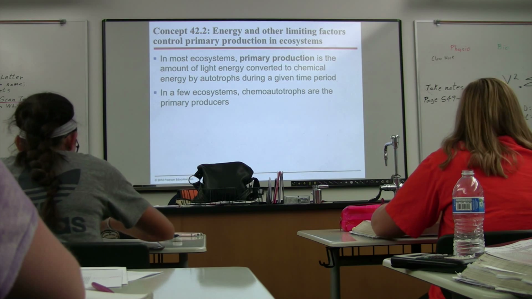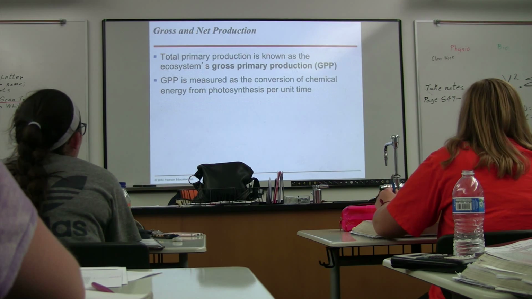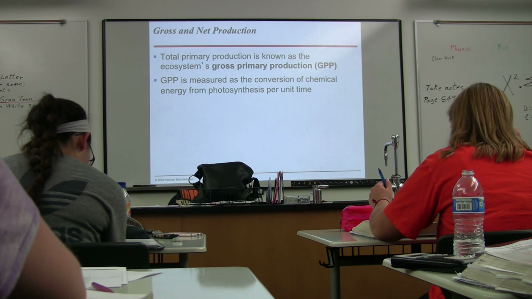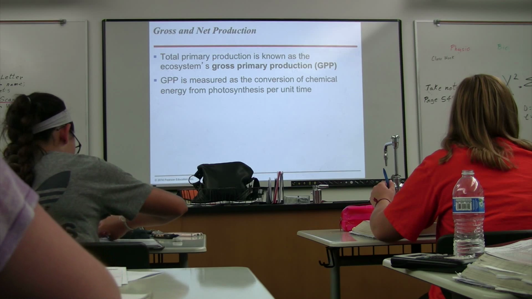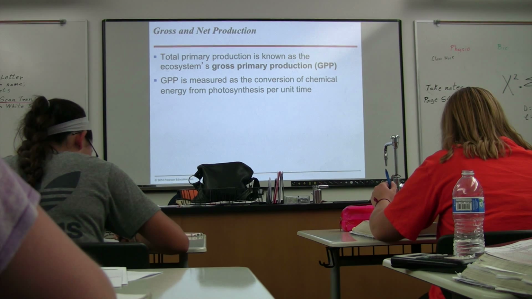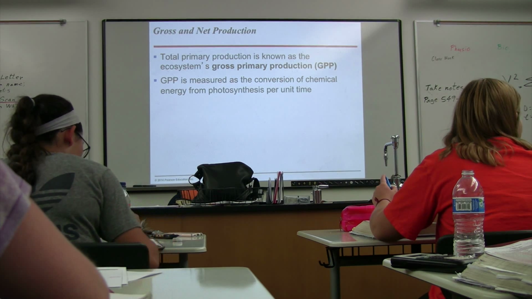Okay, we know what primary production is. Primary means what? First. Here's your gross primary production. Gross just means the total amount. It doesn't take anything out. So what's not gross, but think money? Net. Not your gross, but your net.